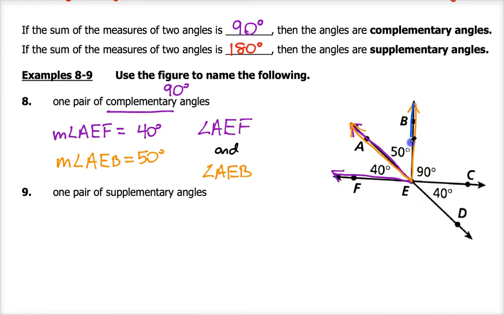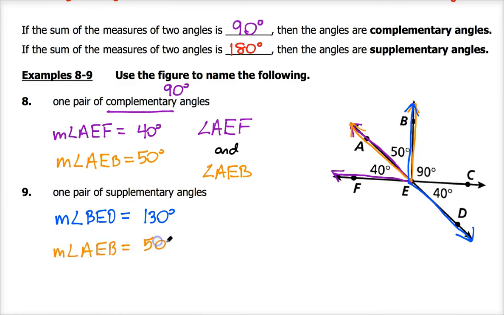That means that this angle, angle BED, must measure 90 plus 40, or 130 degrees. And we already know angle AEB measures 50 degrees. If I add 130 plus 50, I get 180. So that means that angle BED and angle AEB are supplementary.